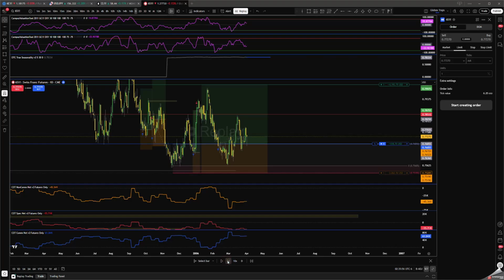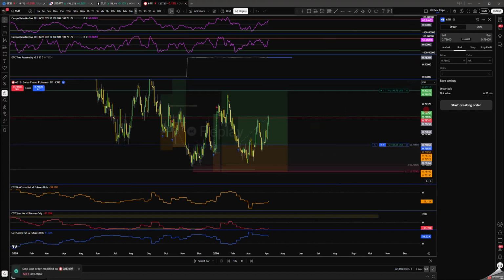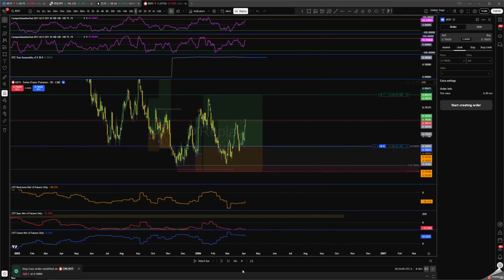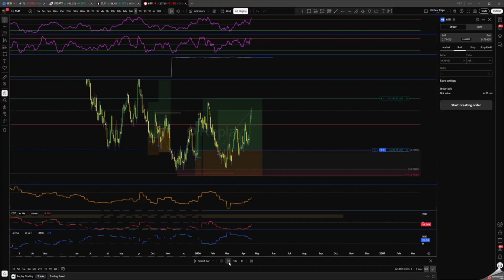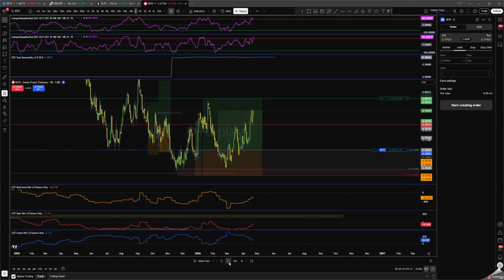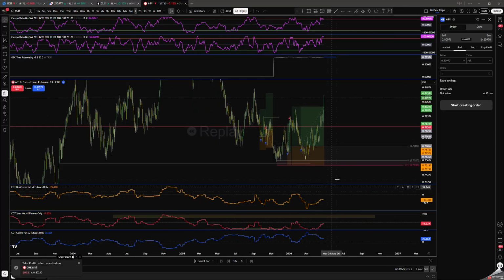We went close to, okay, break even, systematic. And okay, 1 to 2 achieved. Now I will remove the zones here.